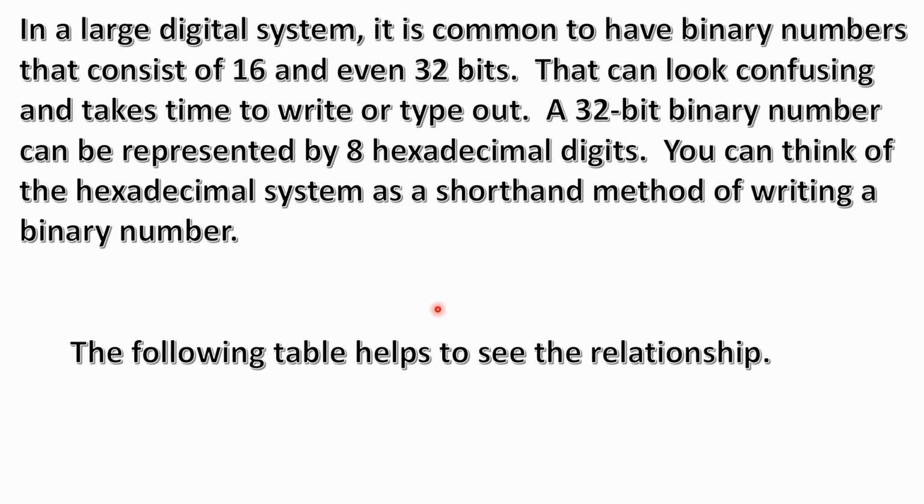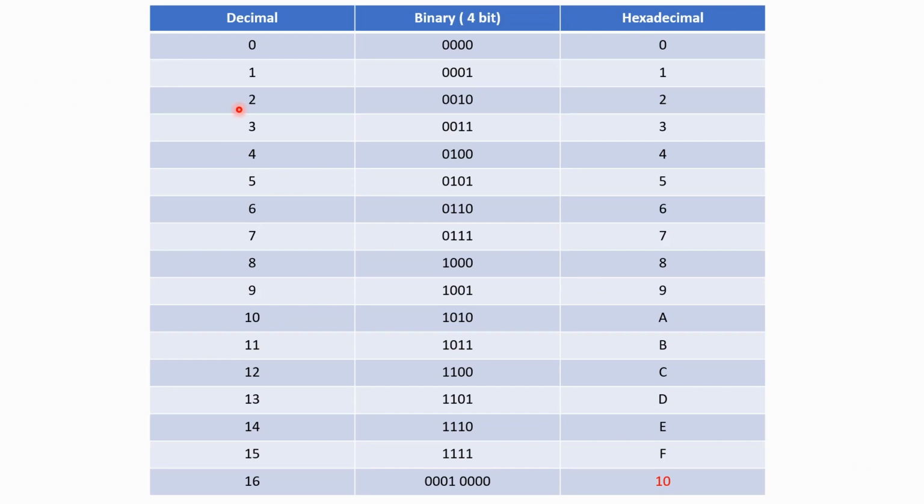And the following table will help us to see that relationship. Here we have the first column, the decimal values 0 through 16. Here we have a 4-bit binary representation. Again, like for the decimal 1, you have 0, 0, 0, 1. Going all the way up here, you've got 15 decimal, where 15 decimal is represented by 1111 binary.